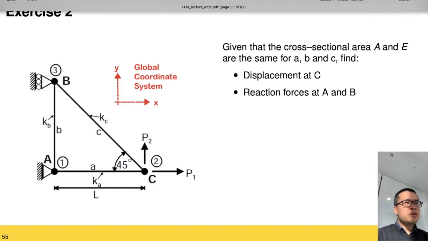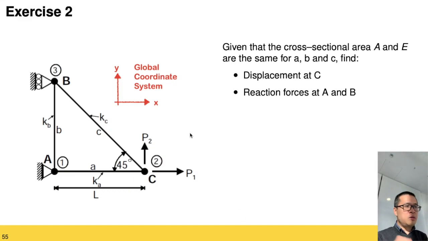Okay, now let's move on to a slightly more complicated example where we have a triangular system. In this case, we have three nodes, A, B, and C. We know they are truss elements, so they have a cross-sectional area of A and E for all three bars in the system.